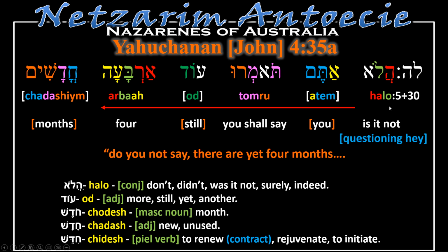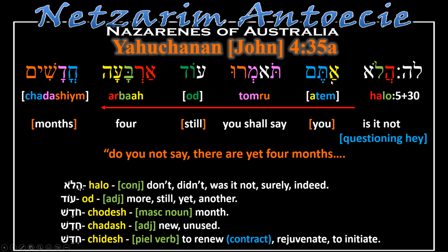Ha-lo. Now the hey here is what's called a questioning hey. It's giving you a question. So I've used "is it not." You could say "do not." So if we look down here, ha-lo as a conjunction, it means don't or didn't or was it not or surely or indeed. So you can use any of those.